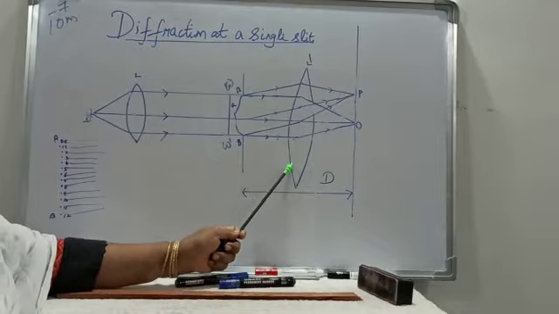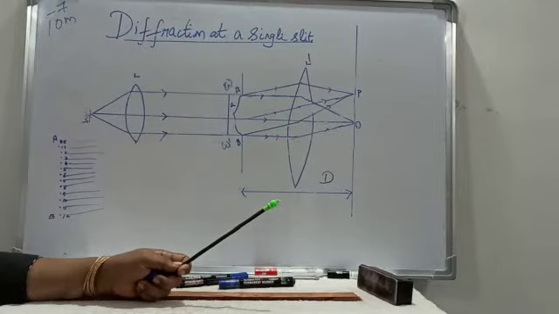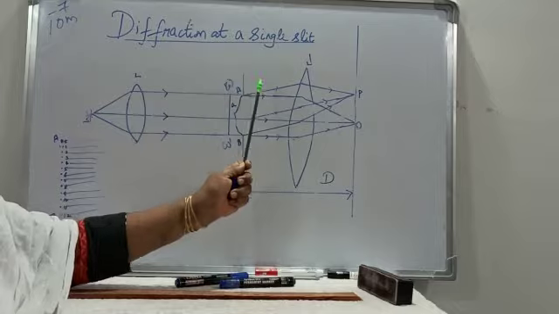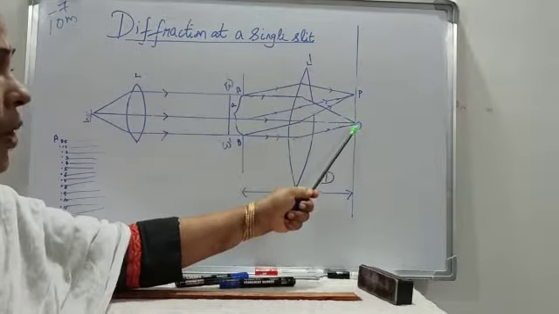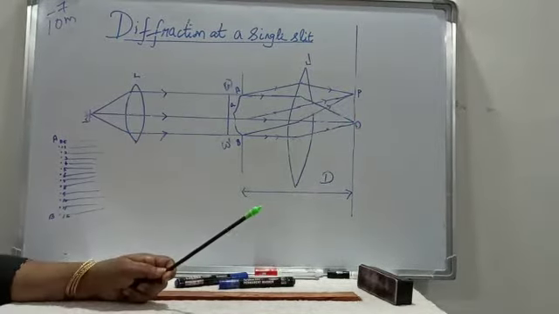Now, why do we use a convex lens over here? All these waves can be converged to a single point using this lens L dash.